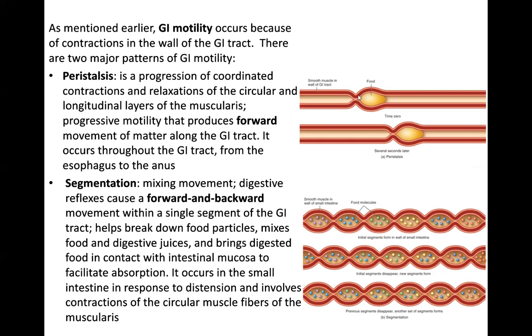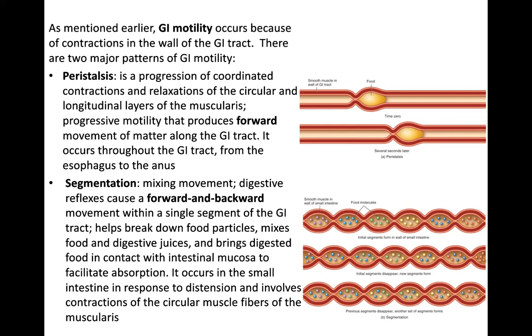And the key here is that it produces a forward movement of matter along the tract, forward only. And that's because the contraction is always behind the food. It's like squeezing a toothpaste tube from the back end always towards the cap. And this is the major means by which we move food from the mouth down to the anus.